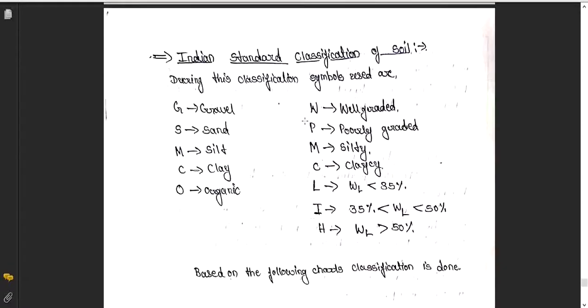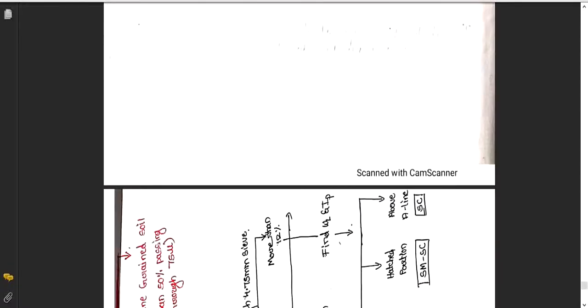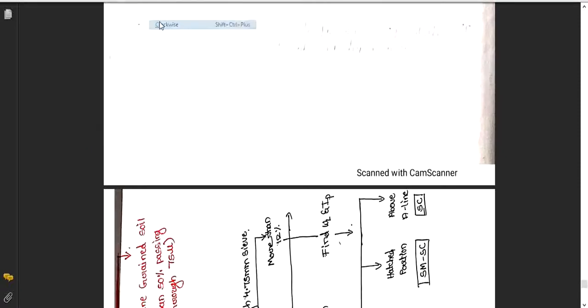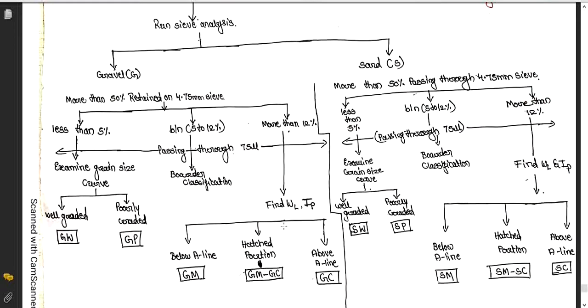Based on that we are going to classify the soil again. So if it is below A line, it is GM, the hatched portion is GM and GC, and above A line it is GC. So this is about gravel.